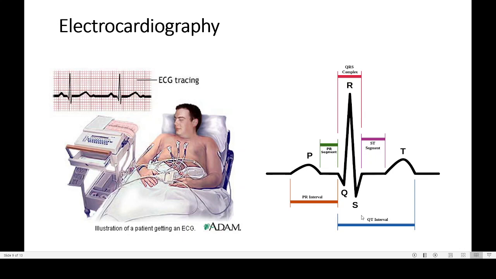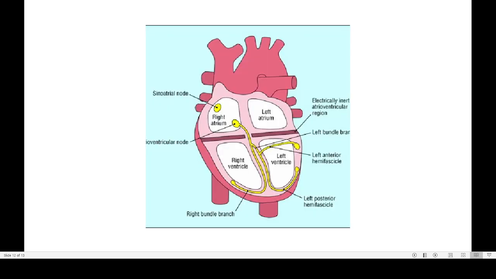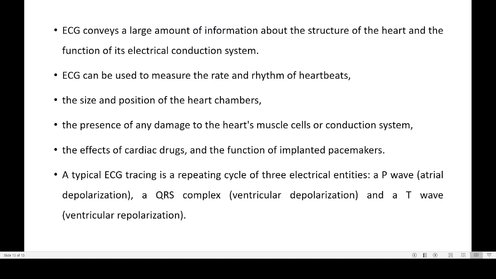So what is the significance of this PQRST curve? Basically, for a doctor or a trained person, looking at this PQRST gives a lot of idea about the heart. Here you can see that in the case of PQRST, the first portion is the P wave.